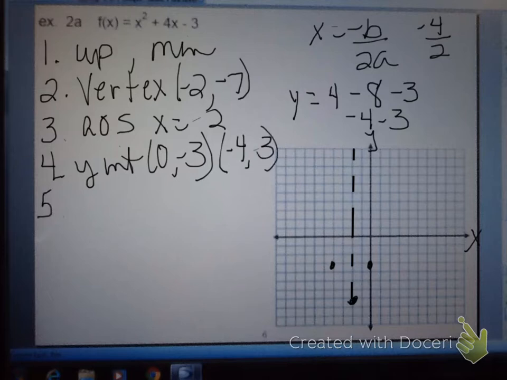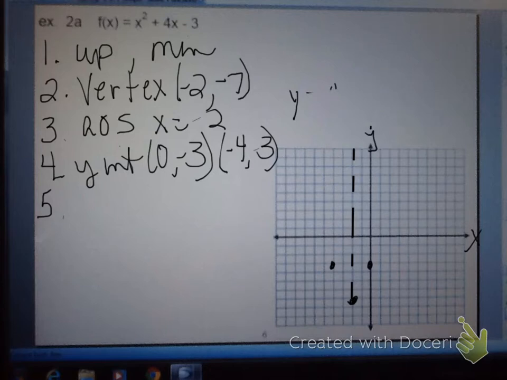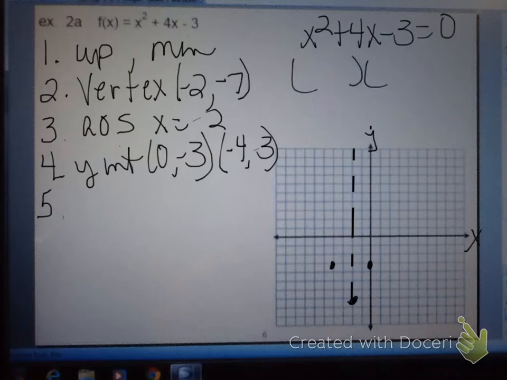For the x-intercept, we're going to put the equation equal to 0 and see if I can factor. My signs are going to be different. Factors of 3 that subtract to get 4. Well, there are no factors of 3 that subtract to get 4.